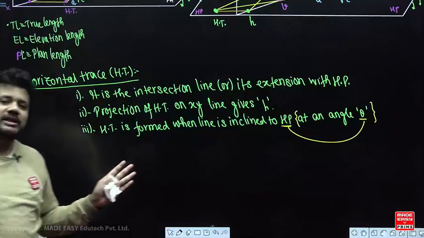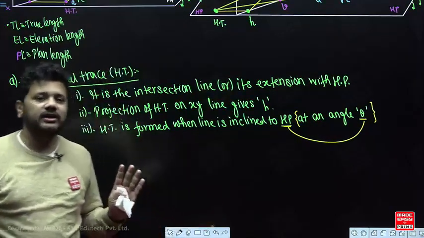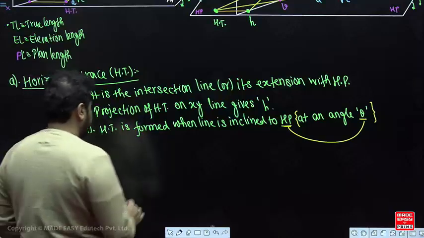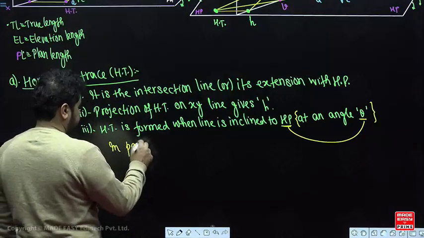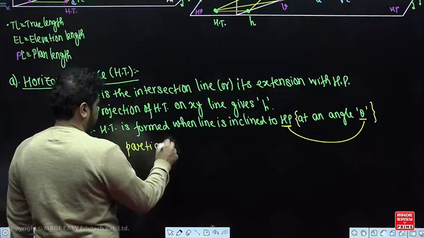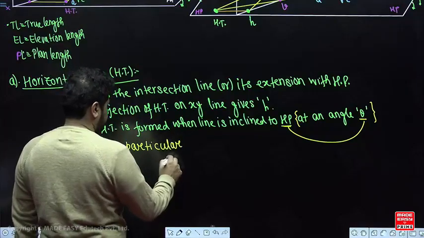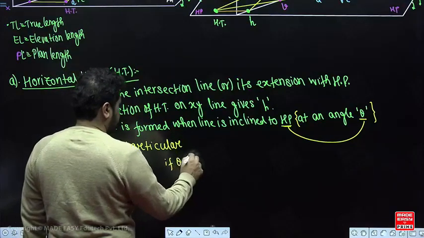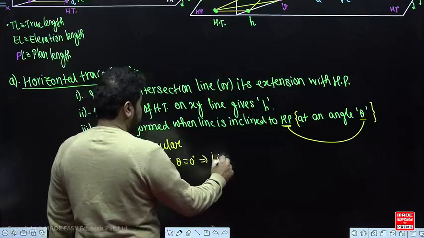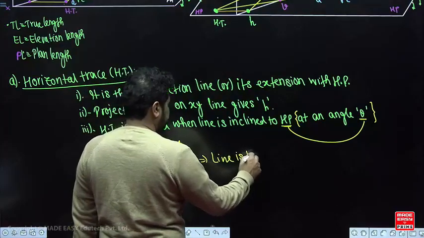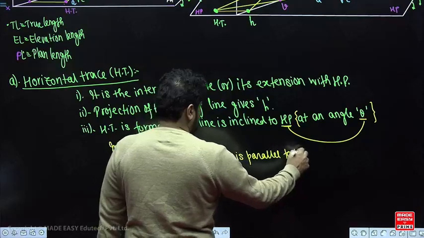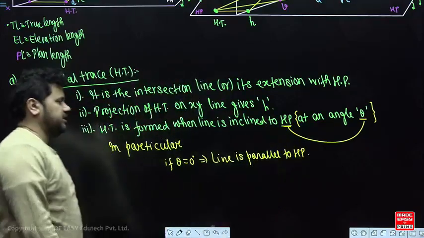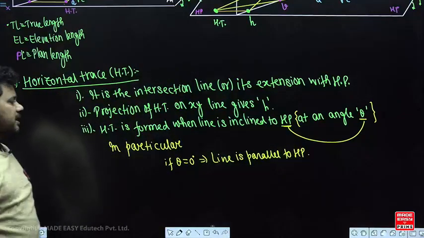That means when the line is inclined to HP, only then you will get the horizontal trace, isn't it? So in particular, if theta is equal to 0 degree, it means the line is parallel to HP.